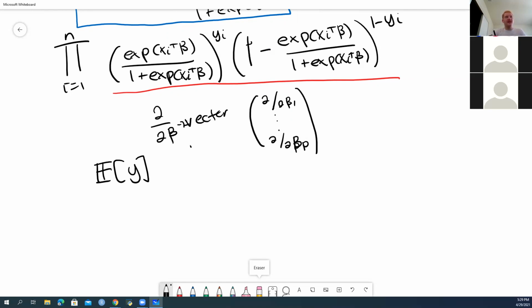But I don't think it matters when you do this. I don't think you have to find these all individually. I think you can just write it as, unless maybe it's easier, but the gradient would be the derivative with respect to each of the beta values, beta 1 through beta p. But if you just take it with respect to the full vector, it should also work the same. Although there's a potential that taking the gradient is what you're supposed to do, because usually when you do this, you do gradient descent.